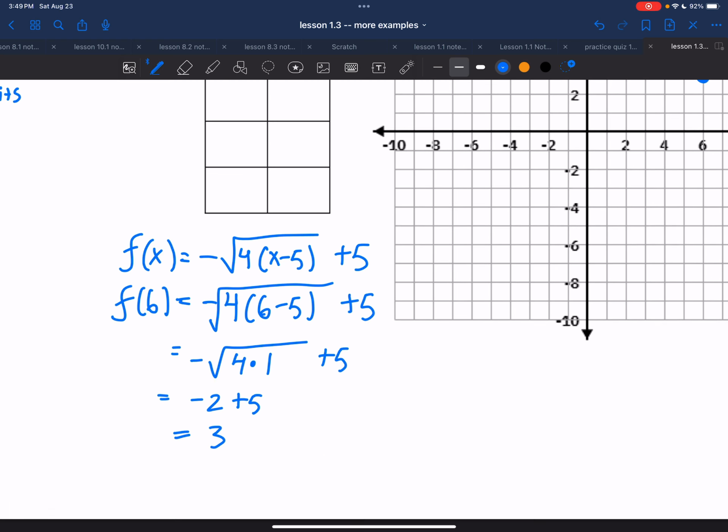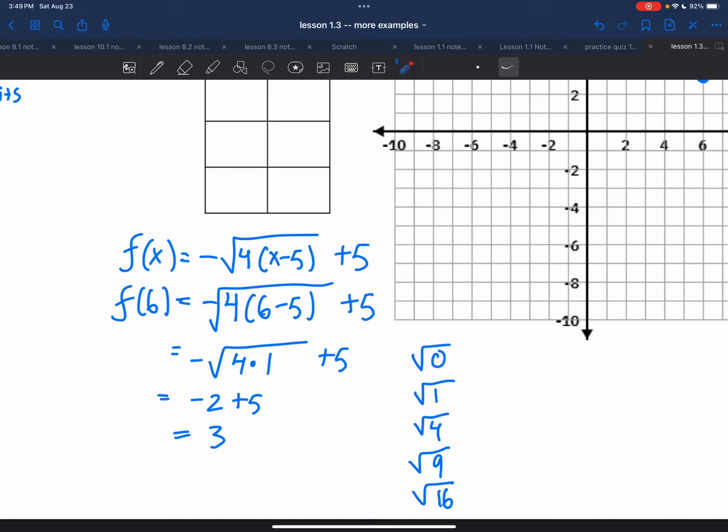So square roots can be tricky because you want to take the square root of perfect squares. Example, square root of 0, square root of 1, square root of 4, square root of 9, square root of 16, right? We would like the numbers to be those.